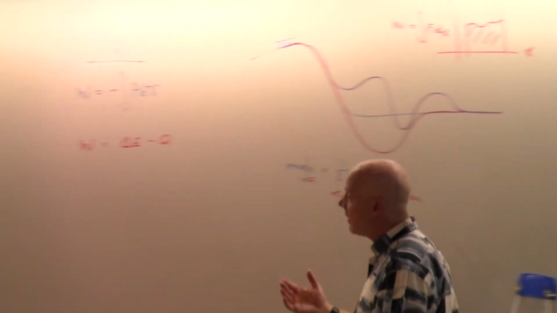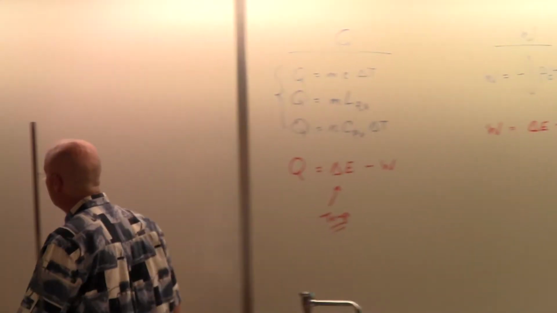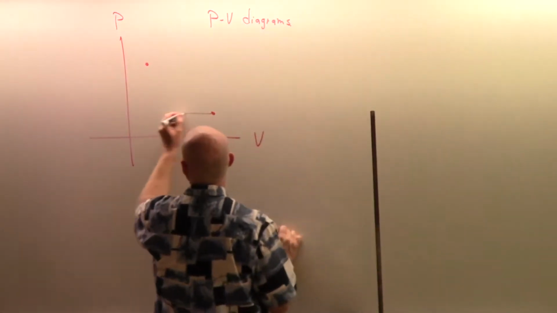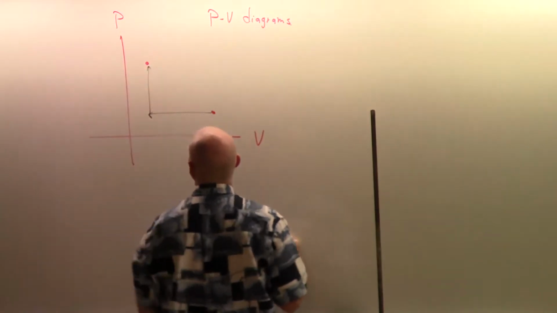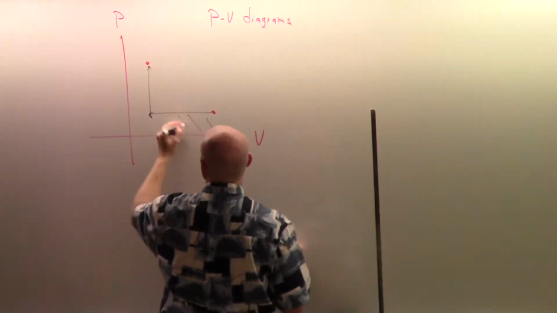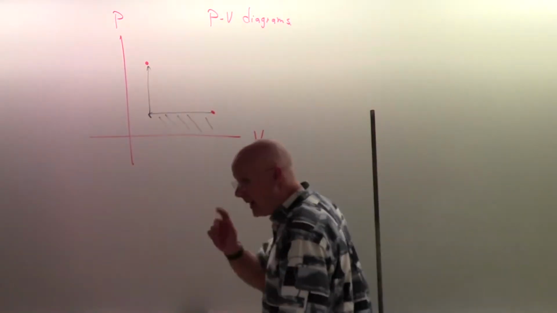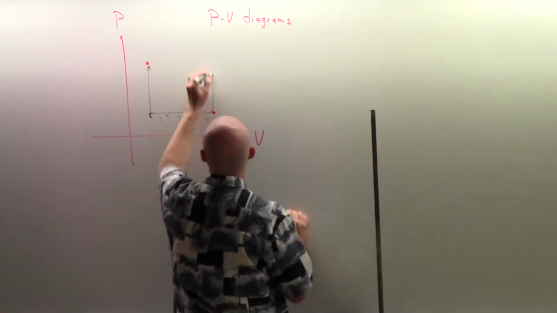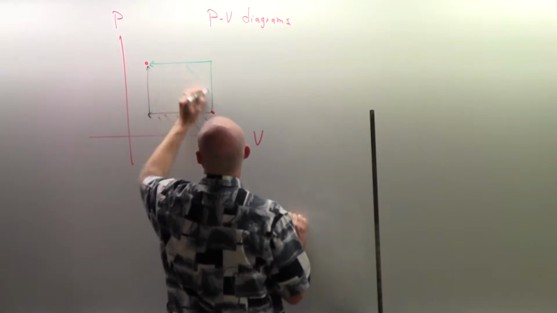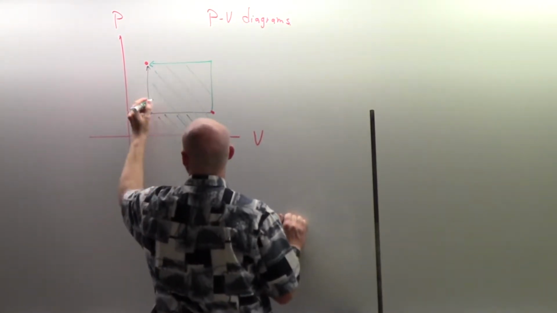And so the reason your author has this, and the reason I'm putting it up here, is because one process could be this, and this would be the amount of work. But another process could be this, and so the amount of work is much bigger.